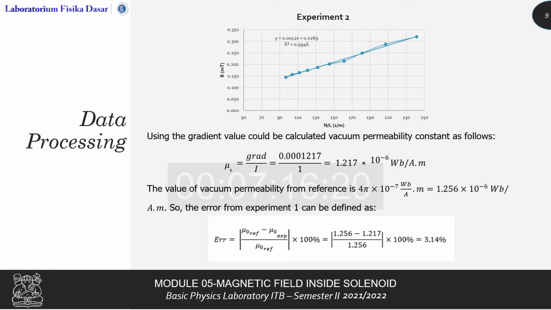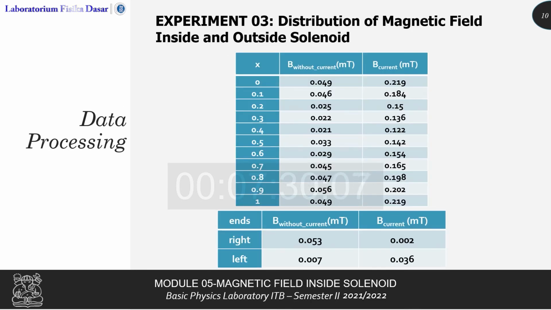When compared to the value of vacuum permeability from the reference, we get an error value of 3.14%.